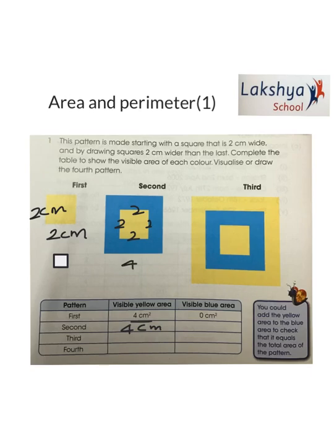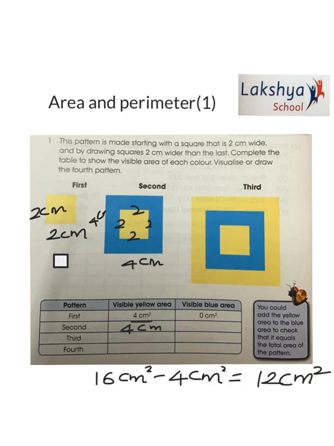So this would be 4 centimeter and this would be 4 centimeter. But they have asked to find the visible blue area. So how do you find it out? One way is, first we need to find the area of the whole blue square, that is 4 into 4, 16 centimeter square, minus the yellow area, that is 4 centimeter square, giving me 12 centimeter square.